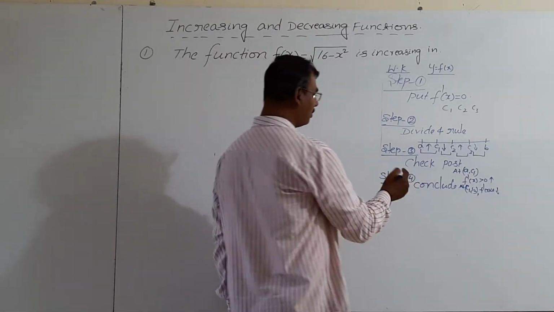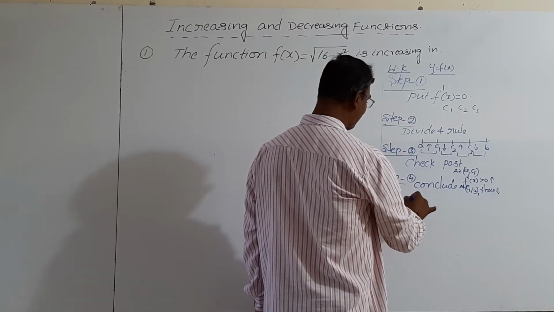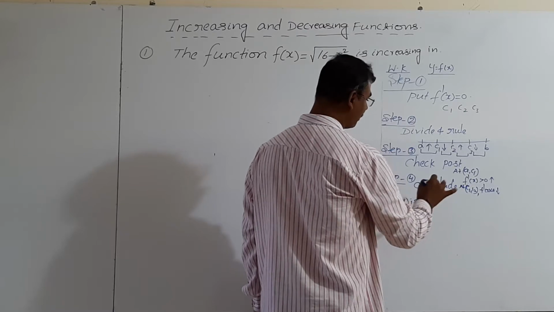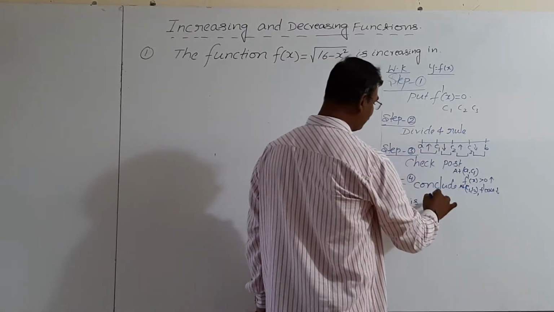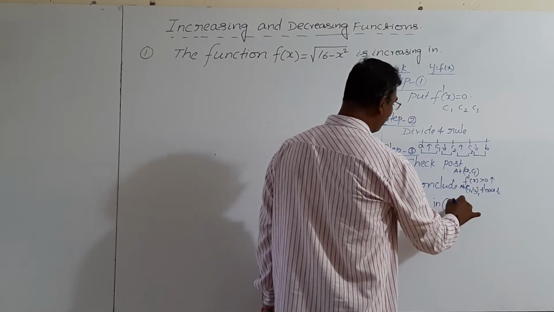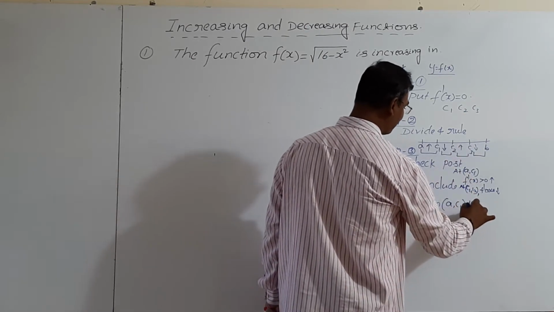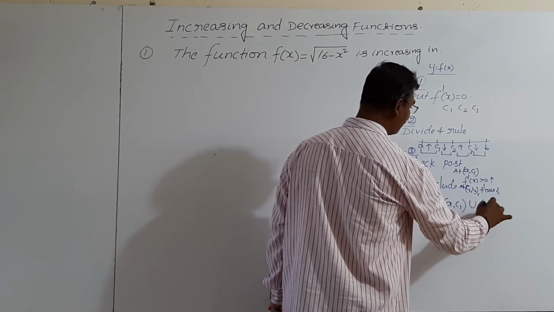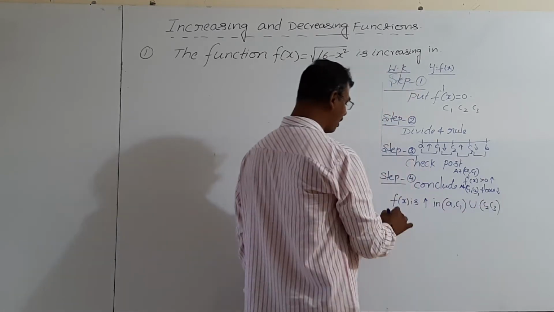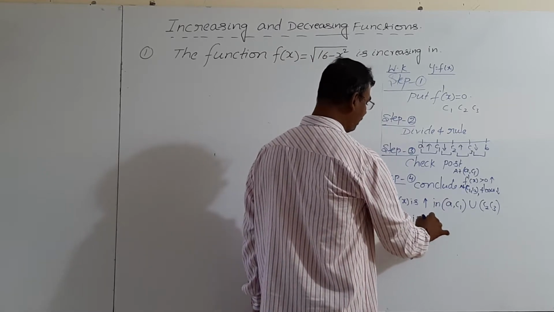Now what is the conclusion? f of x is increasing in each increasing interval: a comma c1 union c2 comma c3. And in which interval is it decreasing?